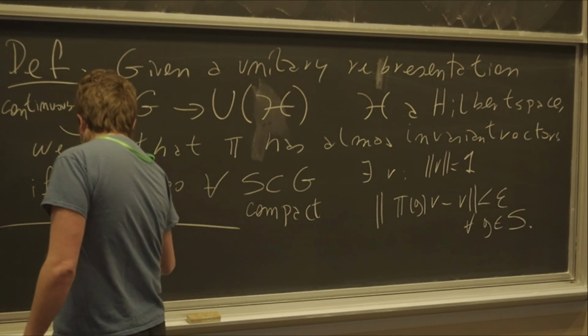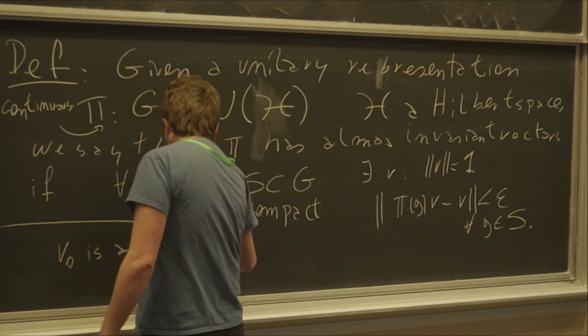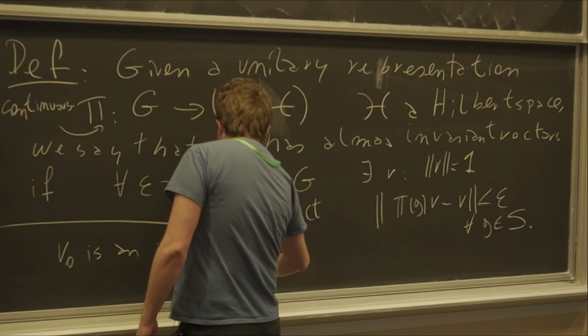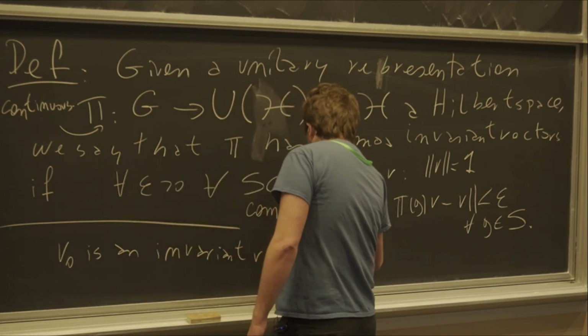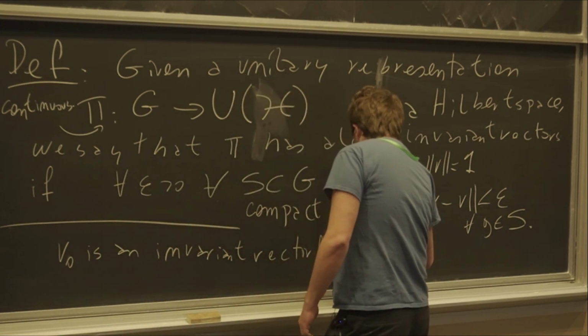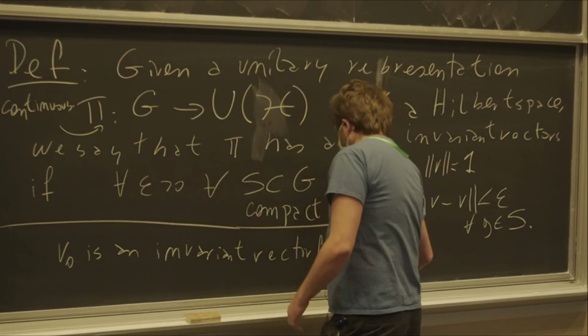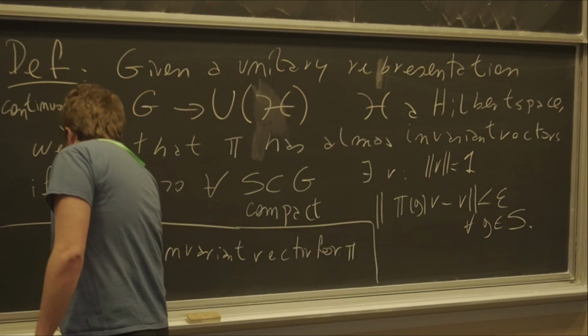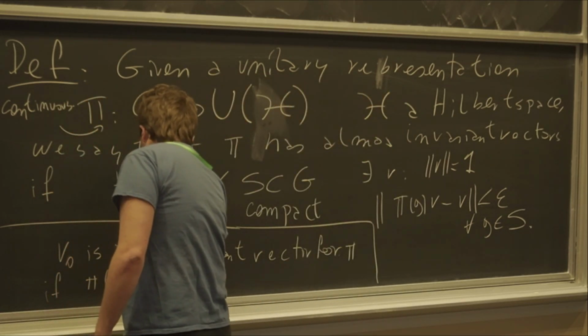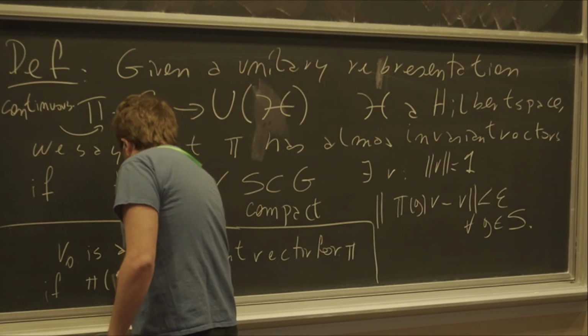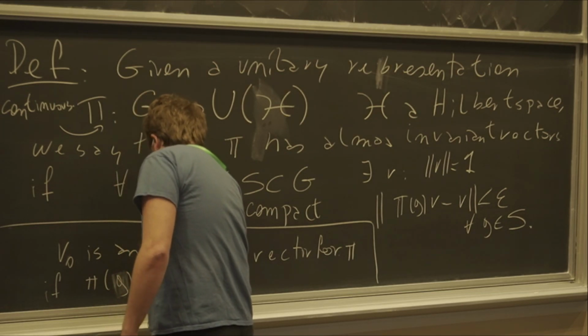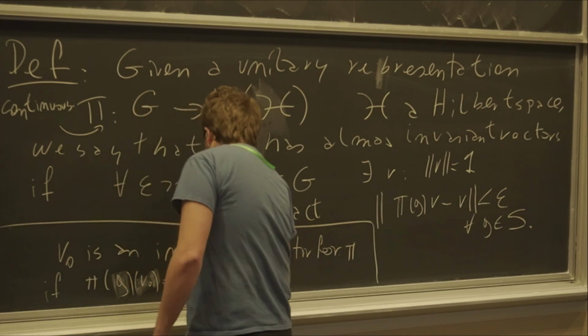So v_0 is an invariant vector for pi if pi(g)v_0 equals v_0 for every g.